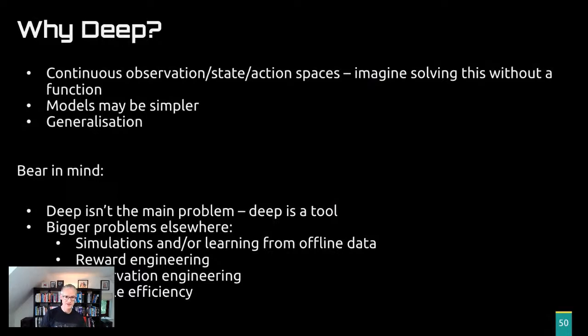If you have continuous observations, then you basically have to. You can't create one single state for a continuous space. There's an infinite number of states, so you have to do some sort of function approximation. If you don't want to discretize your inputs, you have to use function approximation.